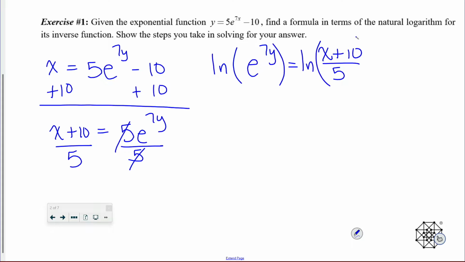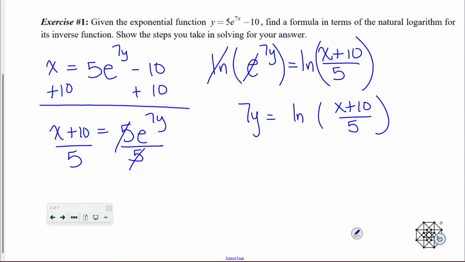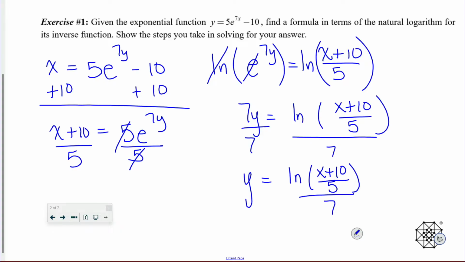I'll take the natural logarithm of that entire quantity. Those two will cancel, and we'll get 7y is equal to the natural log of (x plus 10) divided by 5. And then we'll divide all of this by 7. So y will be equal to the natural logarithm of (x plus 10) divided by 5, all divided by 7.